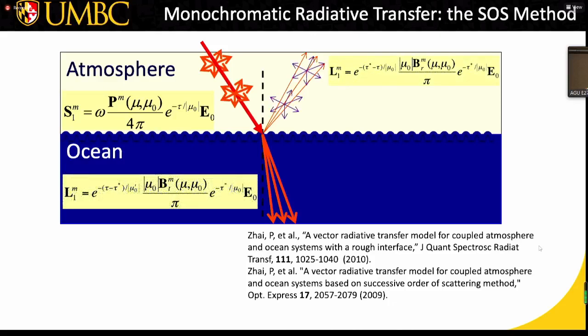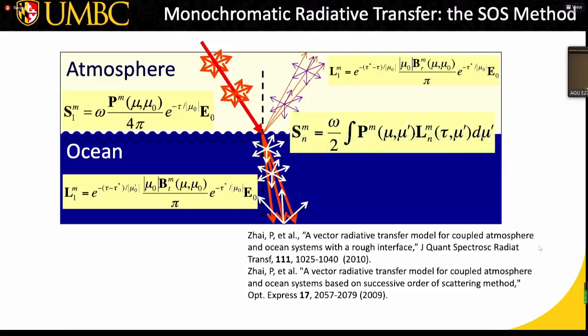And in the atmosphere, the reflected light can be calculated based on this one. And in the ocean, the transmission is also calculated. The ocean bottom also has reflection. Based on this, we do it iteratively, we just need to solve a set of angular integration and optical depth integration equations.